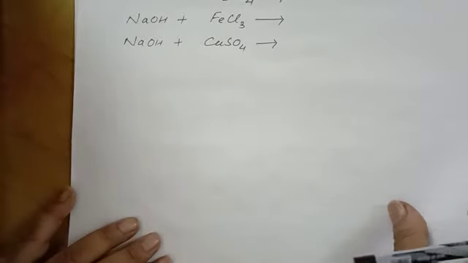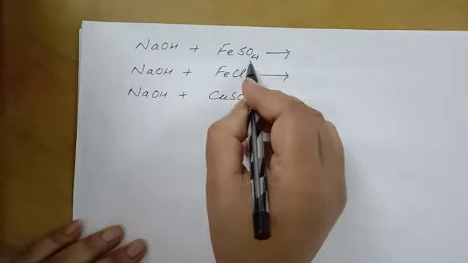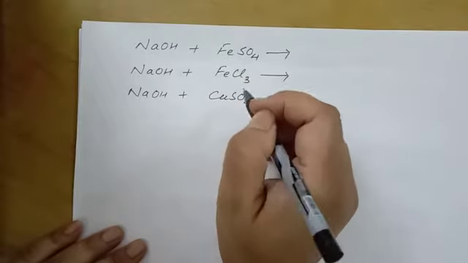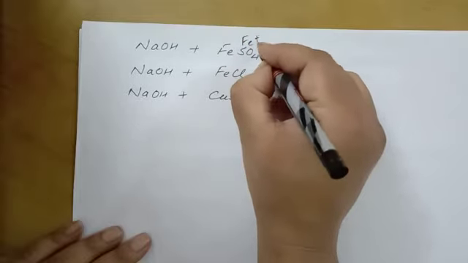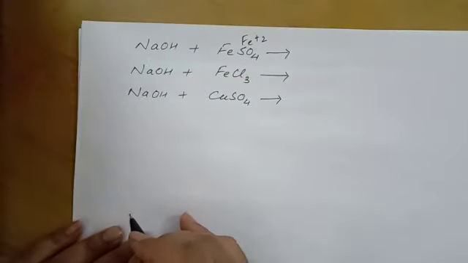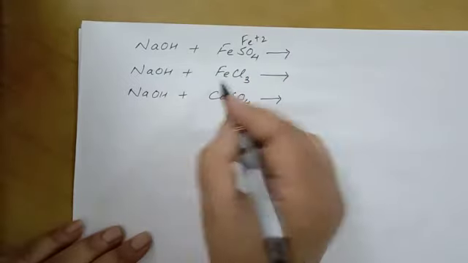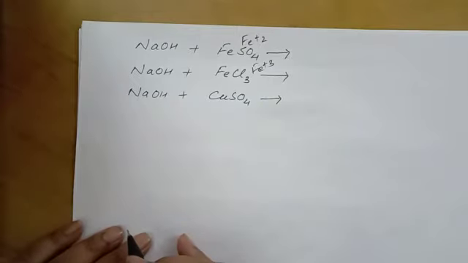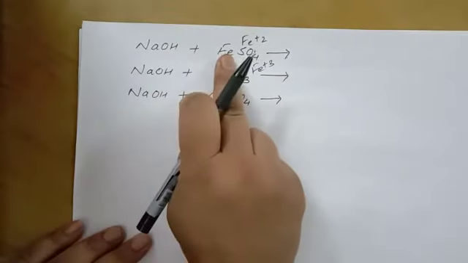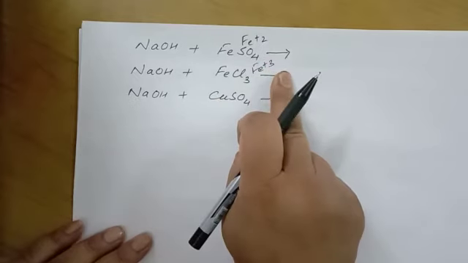Then we have sodium hydroxide and ferrous sulfate. Now it comes to colored salts. Ferrous, Fe positive 2. Ferrous salts are normally blue and green in color, whereas ferric is normally reddish brown in color. Whatever the color of the salt, the same color we are going to get in the PPT.